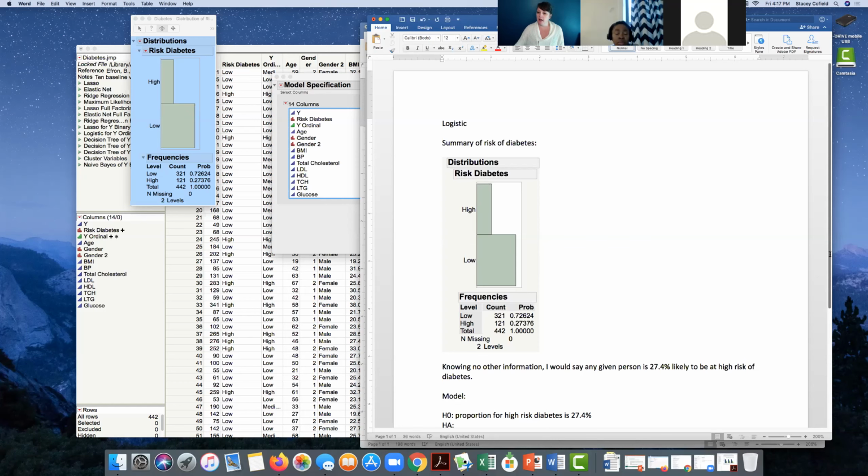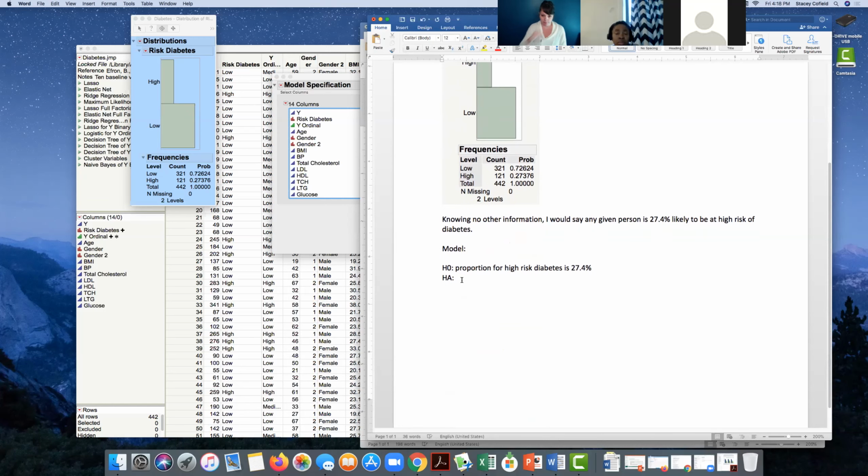And if I think about the alternative, it's that the variables in this model provide better prediction.